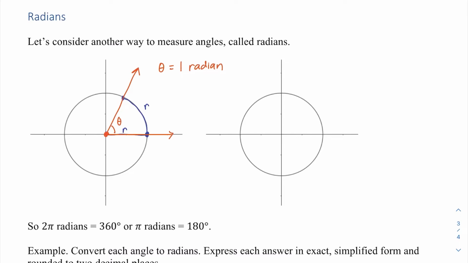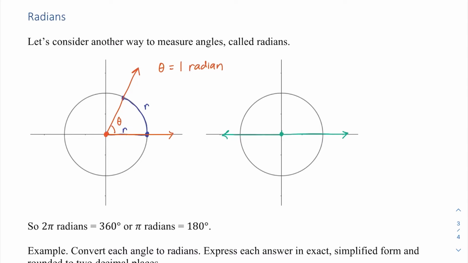So what I'm doing is thinking about how long of a path I am cutting off by this angle on this particular circle. Let's try it again. Let's say I have my initial side of my angle here on the positive x-axis, and I have my terminal side on the negative x-axis.